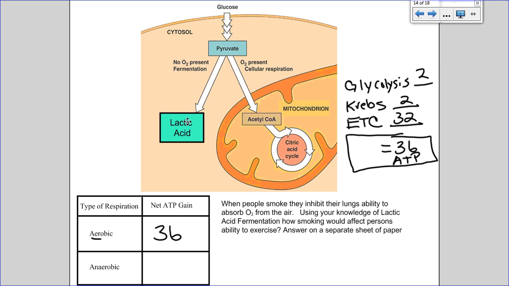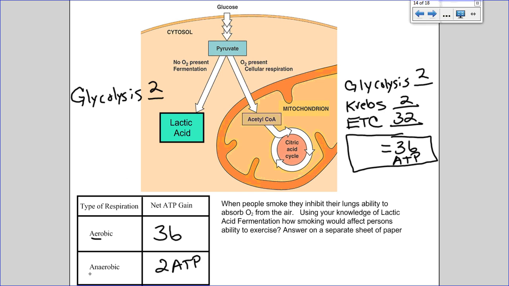On the other hand, lactic acid fermentation does not do the Krebs cycle. It only goes through glycolysis, and therefore it only creates 2 ATP. When you undergo glycolysis alone, you can only create 2 ATP, and it's only a temporary thing.